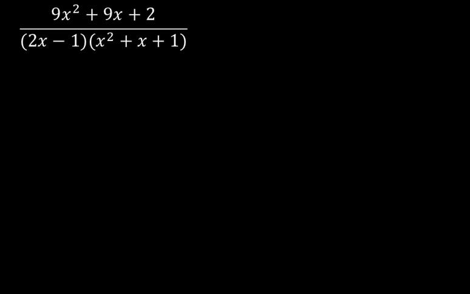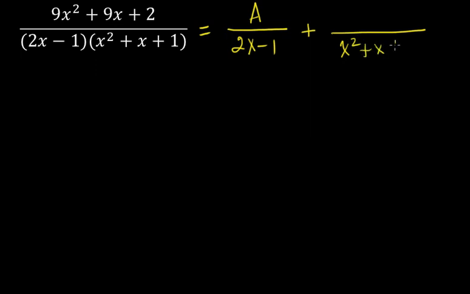I wanted to do one where we have an irreducible quadratic. We have a proper rational function. The denominator is factored, and we know then that we will set up a partial fraction with linear numerator 2x minus 1, therefore a constant numerator, and we will have a denominator x squared plus x plus 1, which is an irreducible quadratic, and so I will put bx plus c.